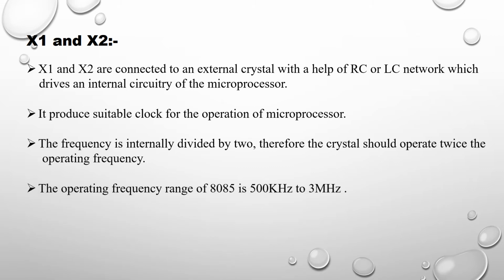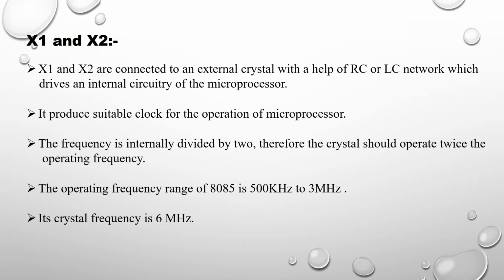The operating frequency range of 8085 is a minimum of 500 kHz and a maximum of 3 MHz. The crystal frequency is 6 MHz. As I said, the crystal frequency will always be twice the operating frequency. So when I am connecting a 6 MHz crystal across pin number X1 and X2, the 6 MHz frequency will be internally divided by 2 and it becomes 3 MHz.